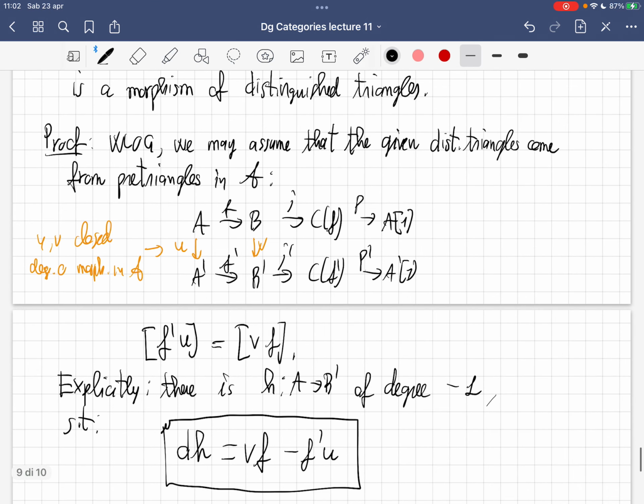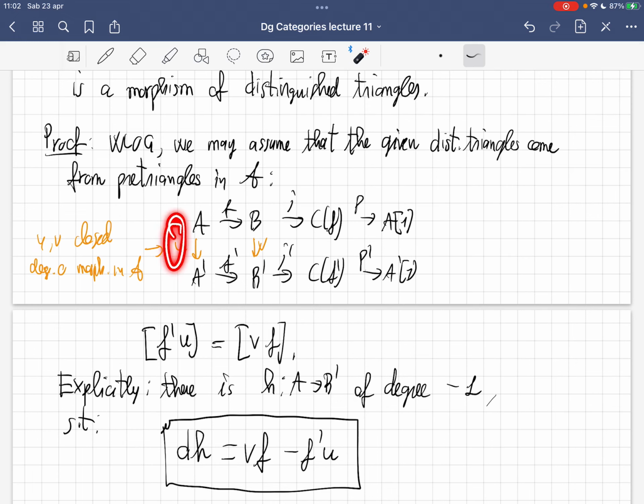So if instead of looking at your starting data as just this commutative diagram in the homotopy category, you say that my starting data is a diagram in your DG category, which is not strictly commutative, but commutes up to a choice, which is part of the data of some homotopy witnessing the difference of this and this.